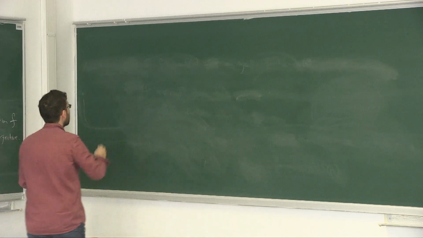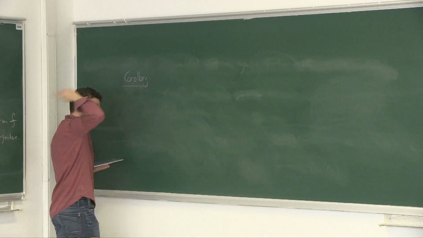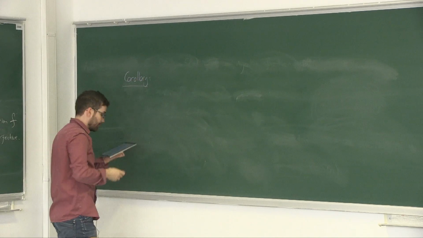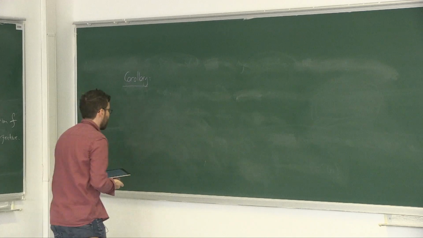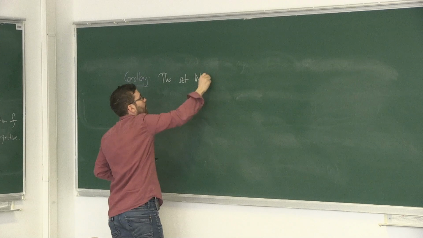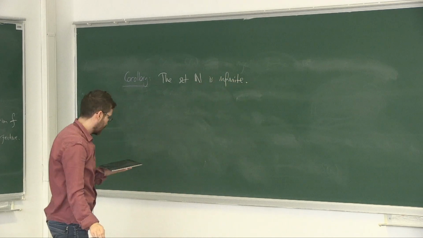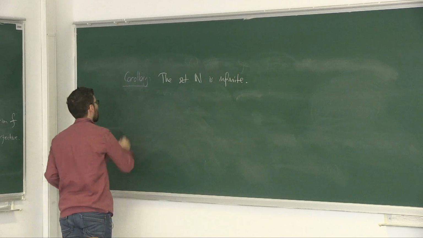Anyway, another corollary is, this is a corollary to the lemma, not to the corollary to the corollary. The set N is infinite. Okay? Now, why is this the case?